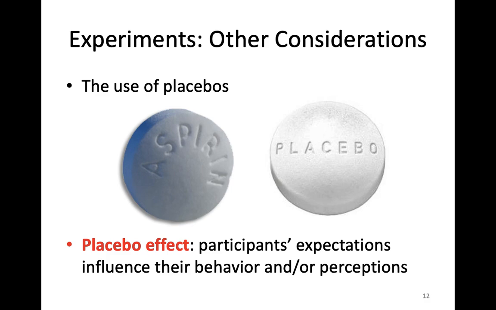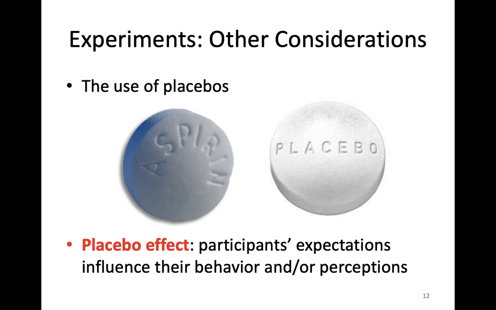And the reason is because when we give people a pill or a piece of nicotine gum or an alcoholic beverage, we're not just studying the chemical effect of that substance in isolation. You also have people's beliefs and expectations about what that substance is going to do to their body.